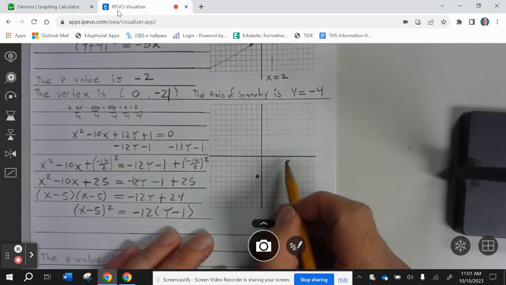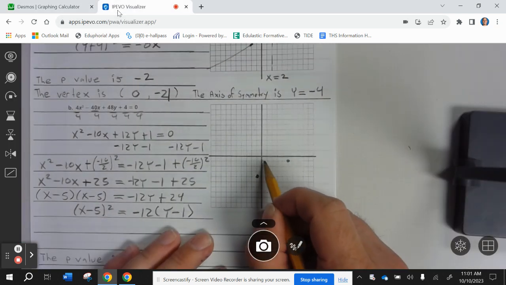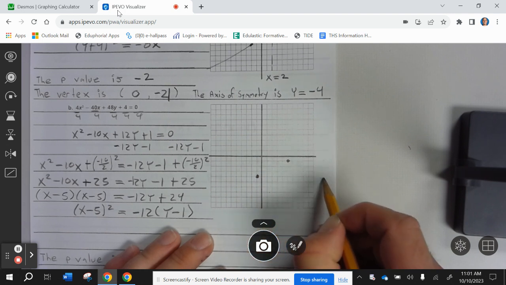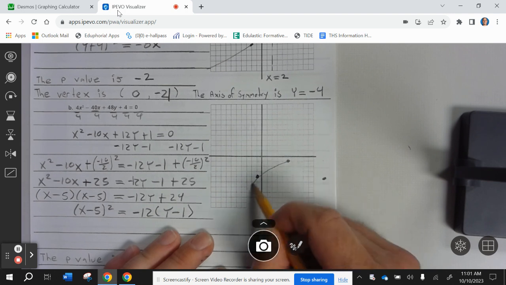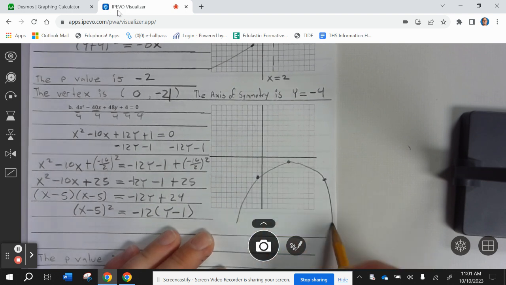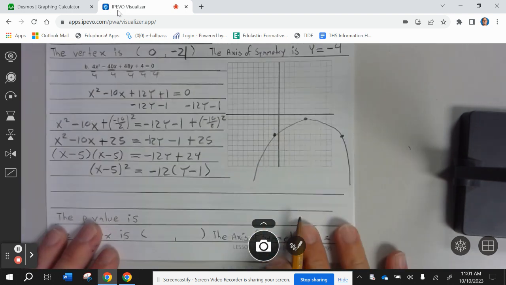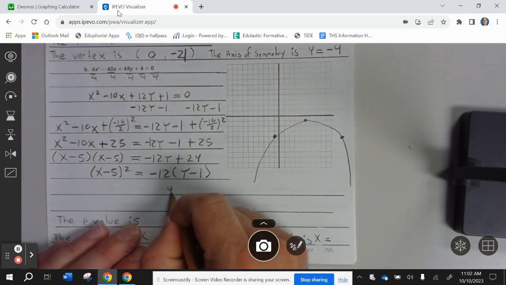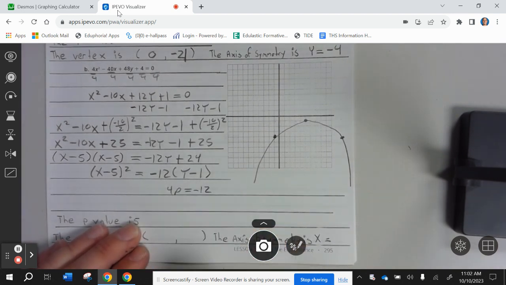Okay, so if we go 1, 2, 3, 4, 5, 6, down 3. Now, to find the p-value, we know that 4p equals negative 12.